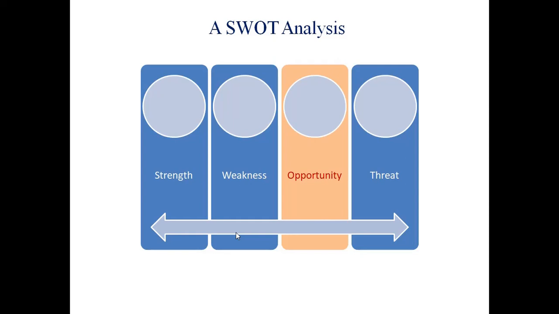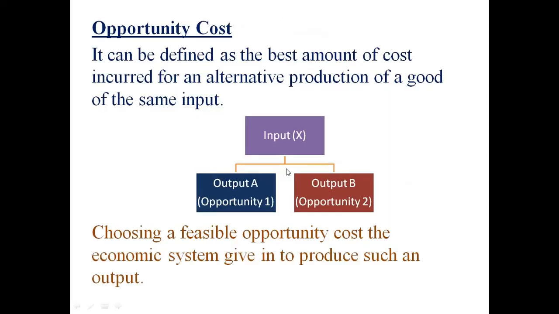So we are looking at this opportunity, what opportunity a firm can have in the market. So when you are referring to this opportunity in terms of money value, the cost is known as the opportunity cost.